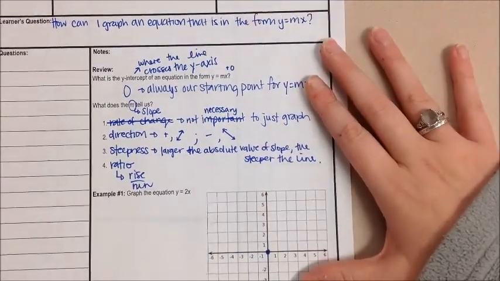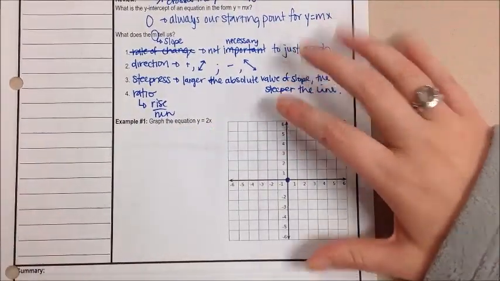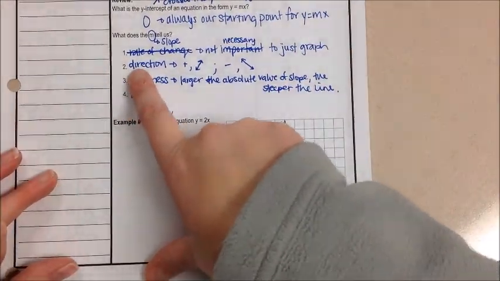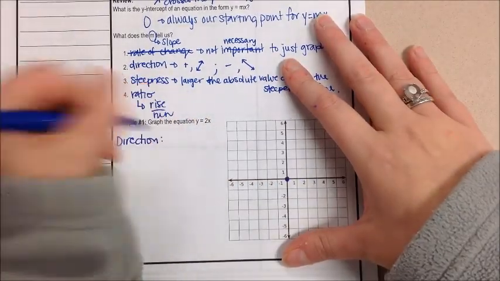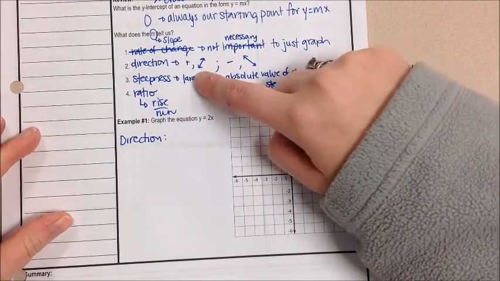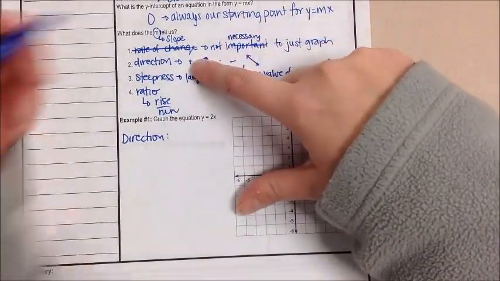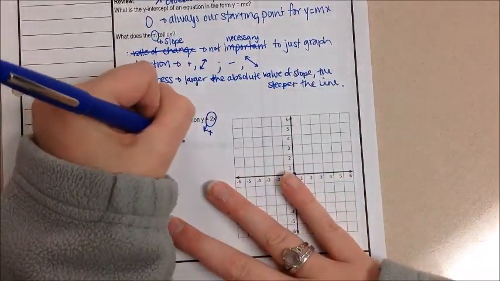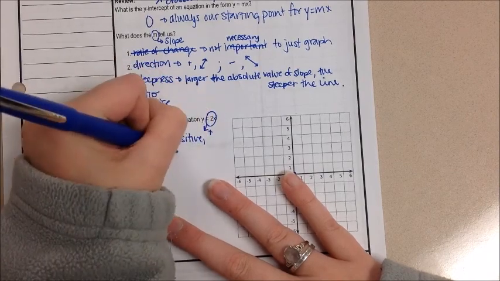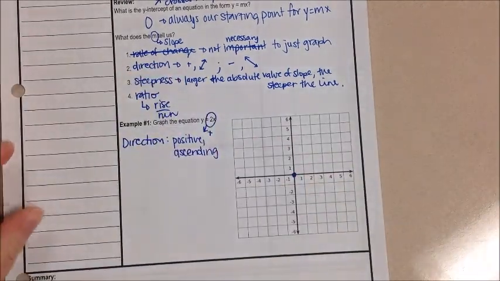Okay, so when we look at the equation y equals 2x, I'm going to just start up here. Okay, direction. So the direction on this one, is it going to be up and to the right or down to the right? Okay, it's going to go up to the right because this is positive. So my slope is positive, which means my line is ascending. Do you remember that word ascending that we used?